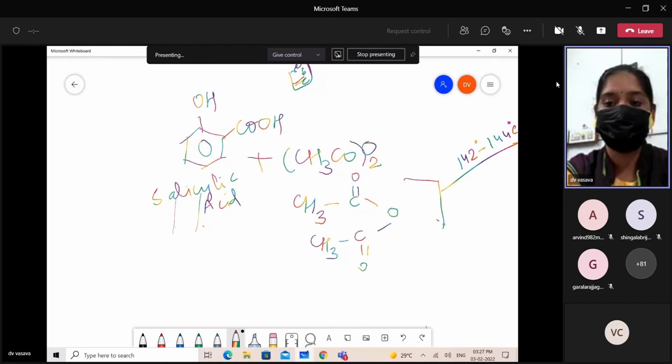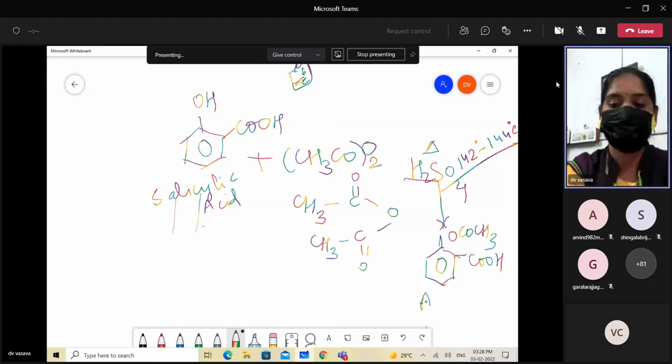Then, by adding H2SO4 and on heating, we will get the final product, that is OCOCH3 and COOH.